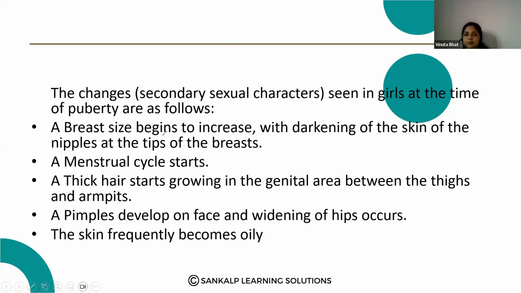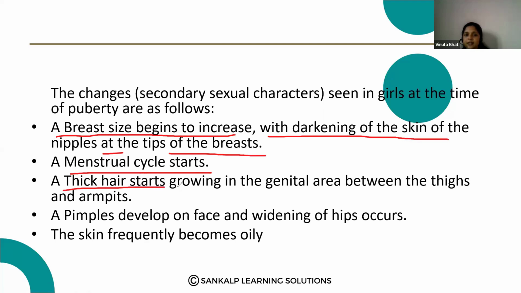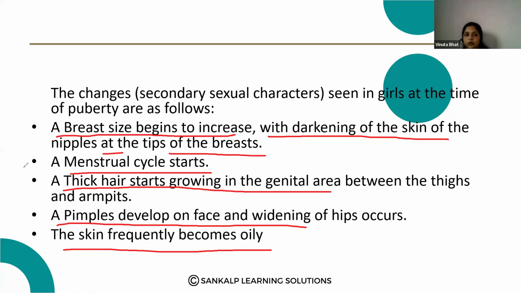Breast size begins to increase with darkening of the skin of the nipples at the tips of the breasts. The menstrual cycle occurs. Thick hair starts growing in the genital area between the thighs and in the armpits. Pimples develop on the face and widening of the hips occurs. The skin frequently becomes oily. Please note down this.